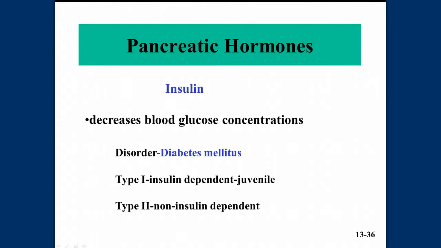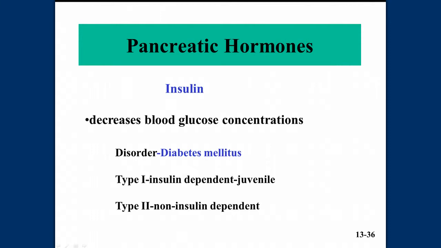Diabetes mellitus type 1 would be insulin-dependent juvenile diabetes. Type 2 is non-insulin dependent. It's also called adult onset diabetes because usually type 2 will come on at a later age, sometimes caused by obesity and eating habits.